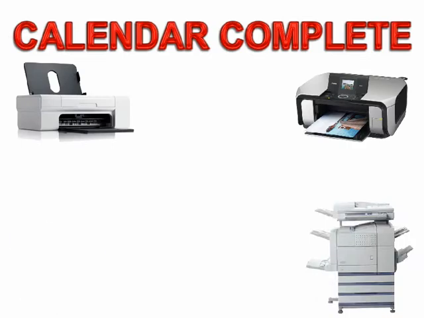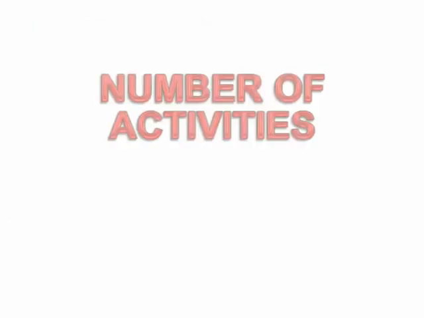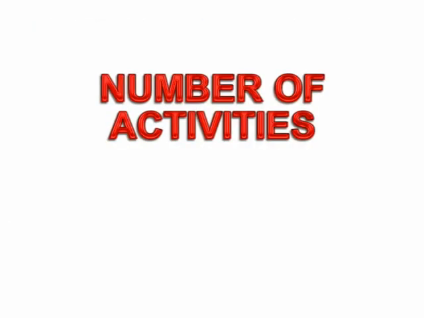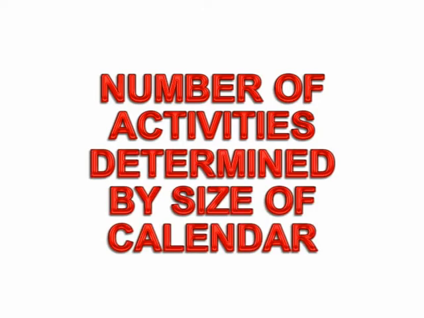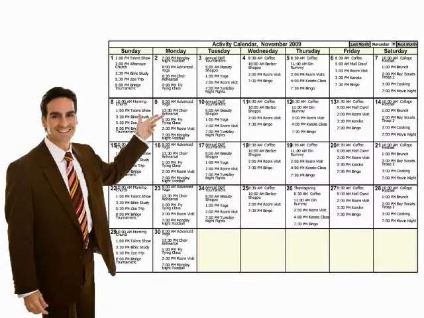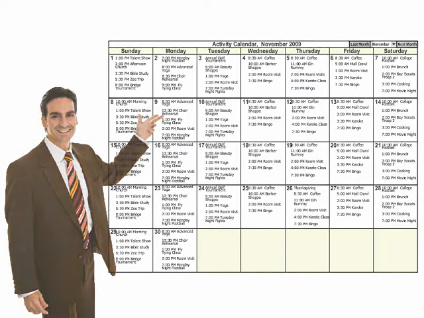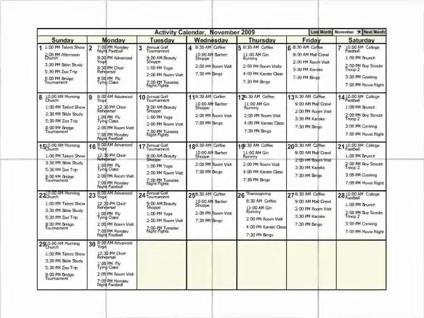Once your calendar is complete, you have a variety of printing options. The number of activities that will show on each day is determined by the size of calendar you print. The larger the calendar, the more room for activities. The software also allows you to easily print the calendar onto multiple sheets of paper, called tiling, to create wall calendars.